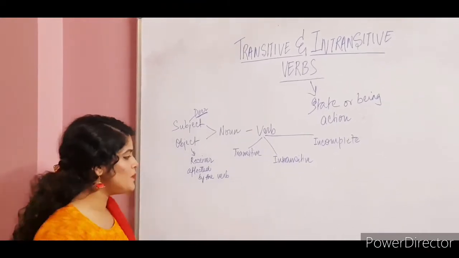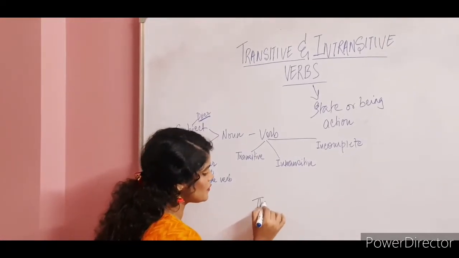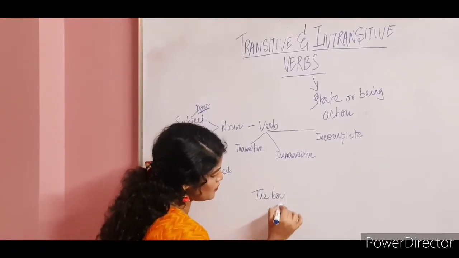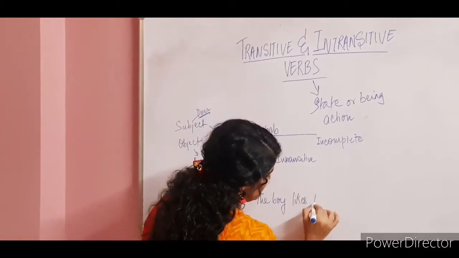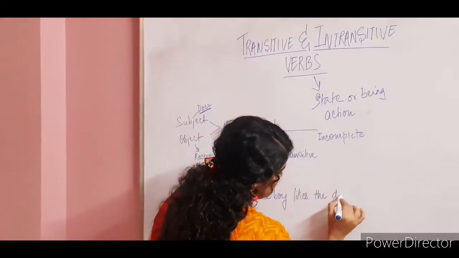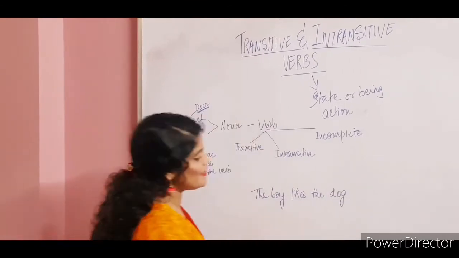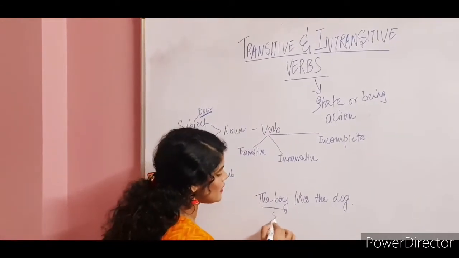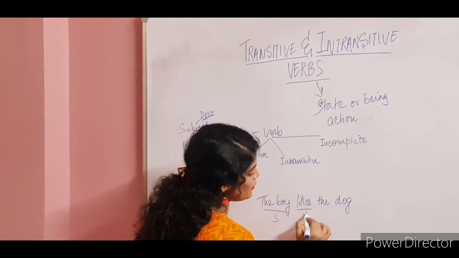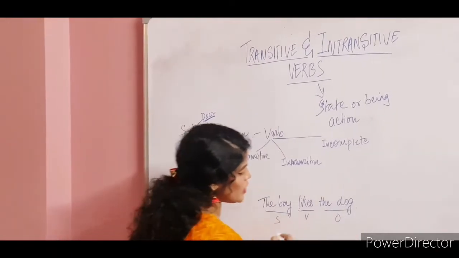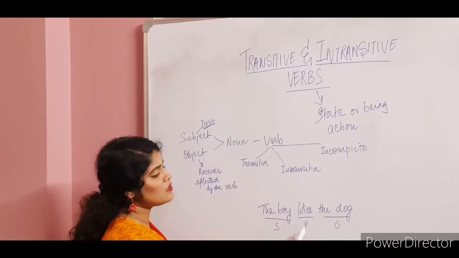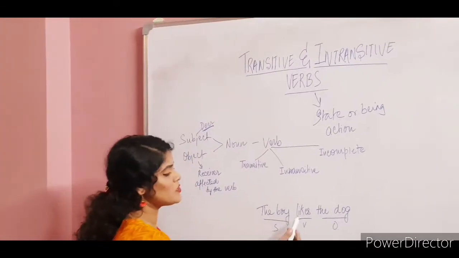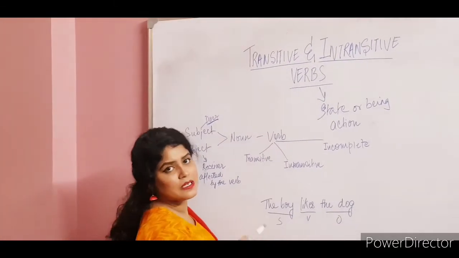For example, if I say, the boy likes the dog. Here the boy is the subject, likes is the verb, and dog is the object. So the subject does a work. What is the action that is being done by the subject? It's likes. It's liking something.